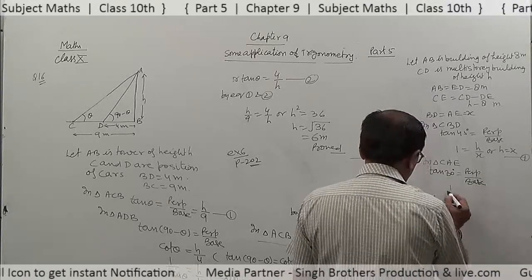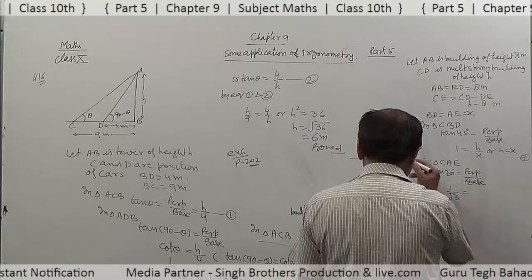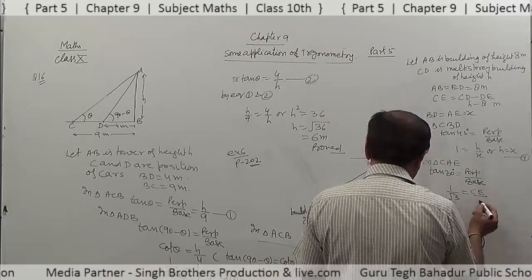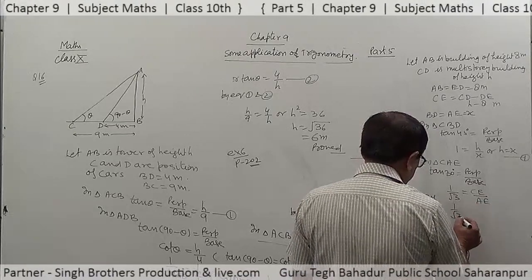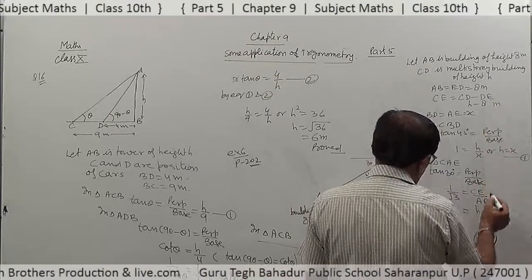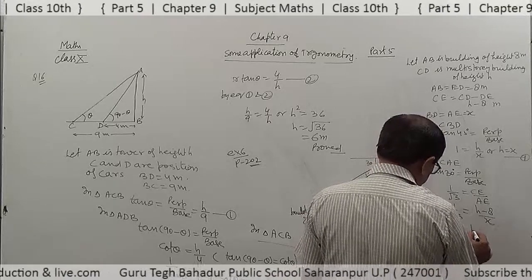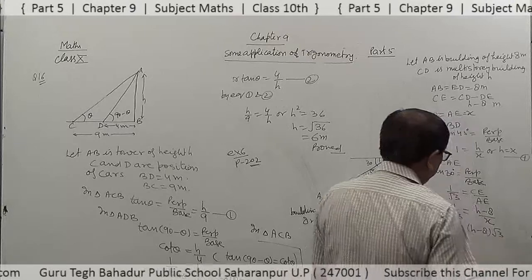Tan 30 is 1 upon root 3, perpendicular is CE upon AE, so 1 upon root 3 is equal to h minus 8 upon x, so x is equal to h minus 8 root 3.